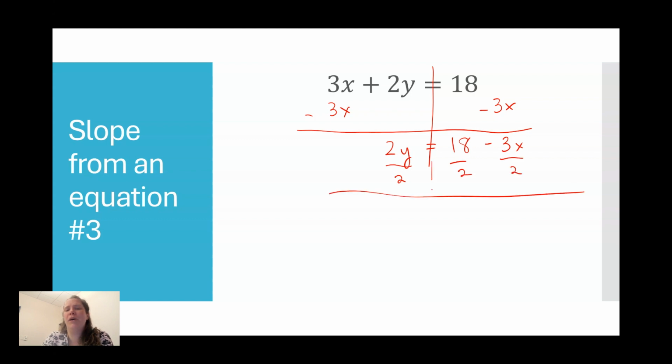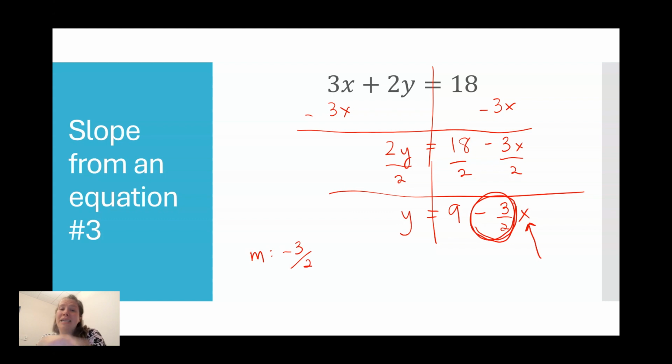And we're going to end up with y equals 9 minus 3 over 2x. So now we've got to be careful. What is the slope? It is whatever's being multiplied by x. So it's going to be, don't lose the minus, negative 3/2. It's that whole thing. That's my slope right there. 9 is my y-intercept. So nice.